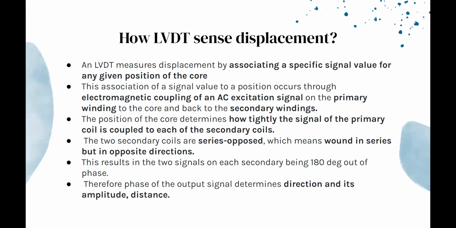The position of the core determines how tightly the signal of the primary coil is coupled to each of the secondary coils. The two secondary coils are series opposed, which means one in series, but in opposite direction. This results in the output signal on each secondary being 180 degrees out of phase. Therefore, the phase of this output signal determines direction, and its amplitude determines distance.